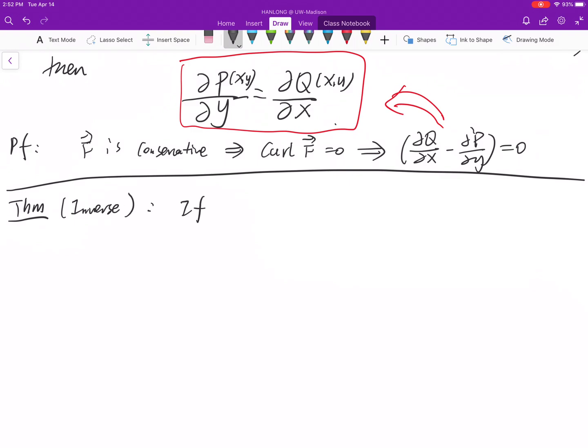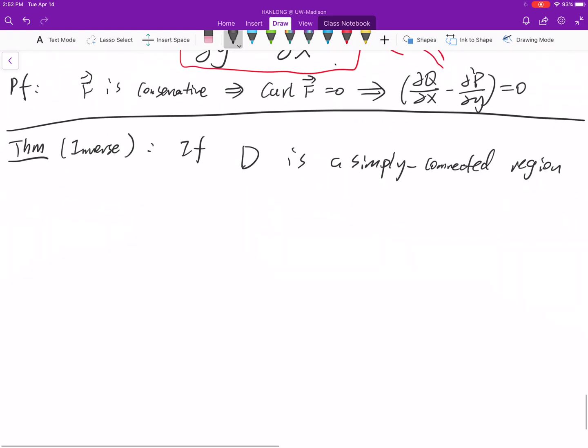So if D is a simply connected region, I will show you an example of a simply connected region, but it's impossible to define it rigorously in our class. So basically, you can view it as no hole in R2.